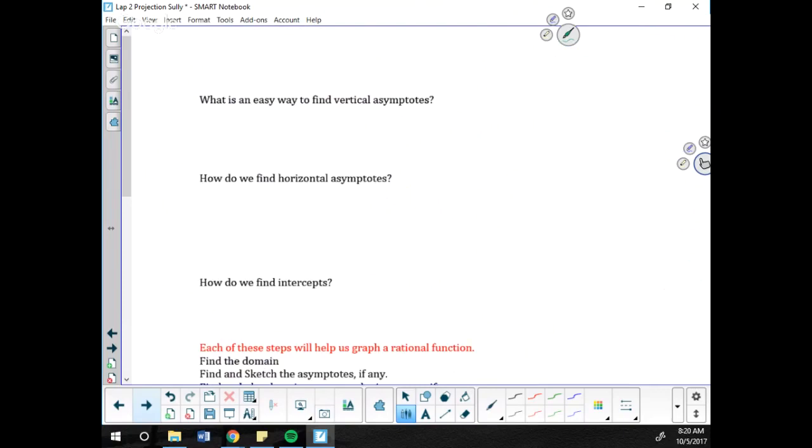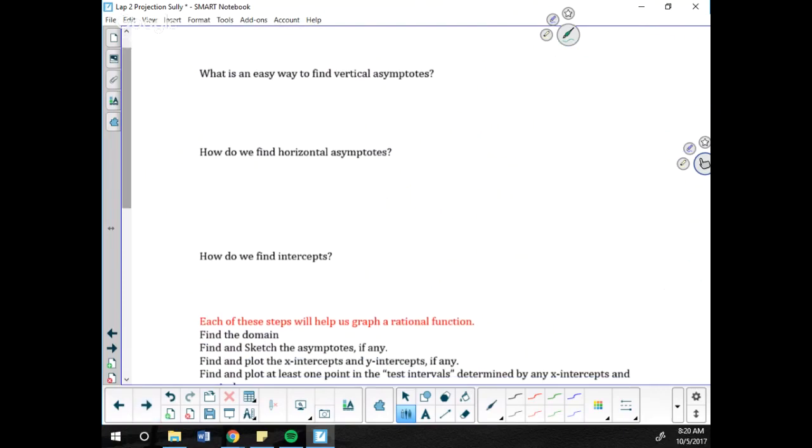Okay, so what is a cheap and easy way to find vertical asymptotes? Besides setting the limit as x goes to some number, what is the easy way? Awesome. We're going to set the denominator equal to 0.